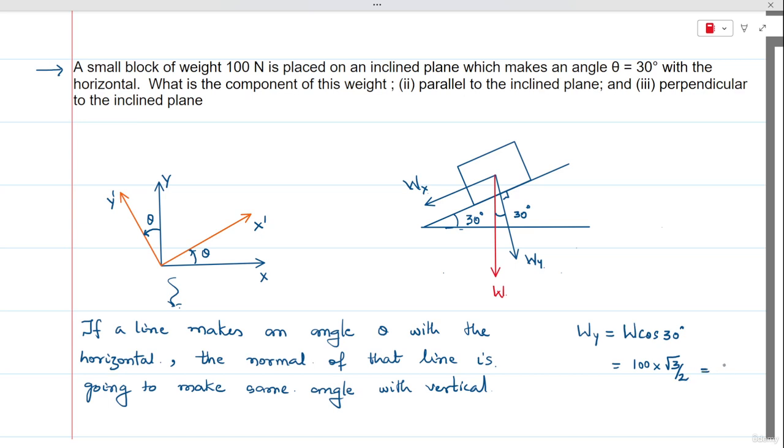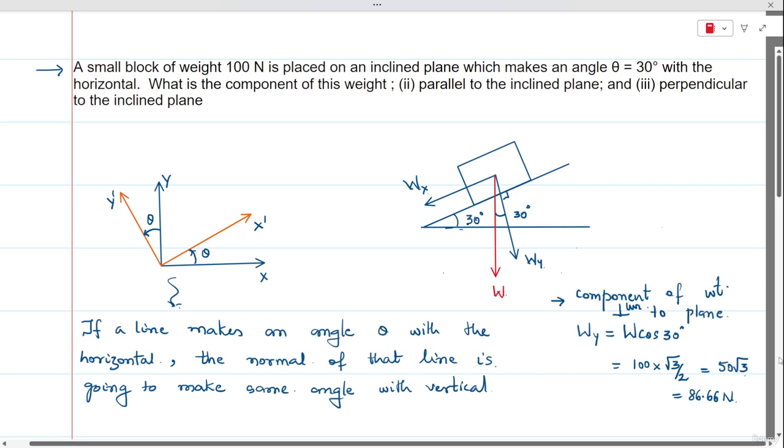So this will be equal to 50 root 3, or approximately 86.66 newtons. This is Wy, that is the component of weight perpendicular to the plane. This Wy is called the component of weight perpendicular to the plane.